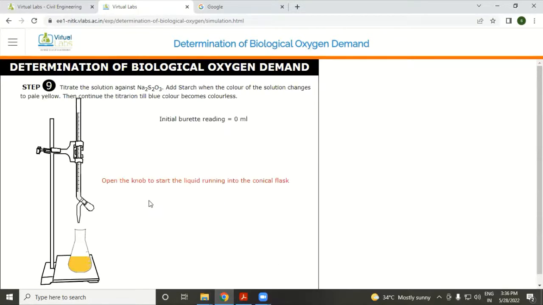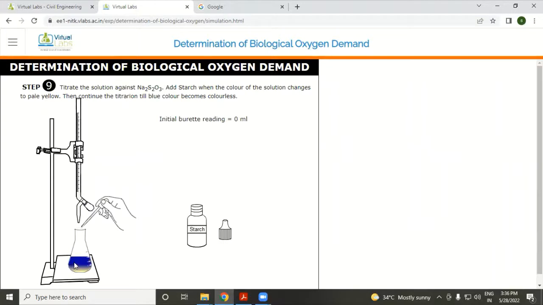Titrate against sodium thiosulfate till the blue color becomes colorless. So add the starch indicator. When starch indicator is added to the water, the color changes to blue like this. Titrate with sodium thiosulfate until the color becomes colorless.